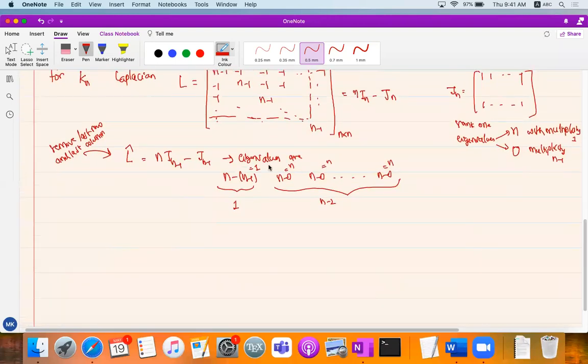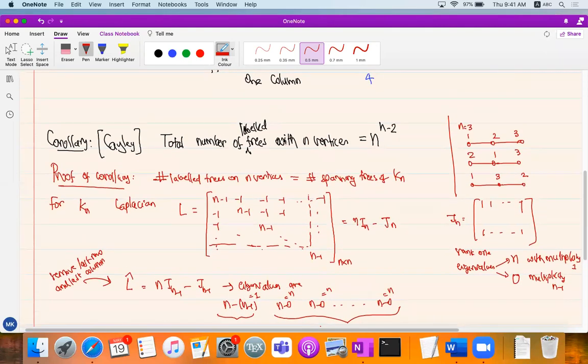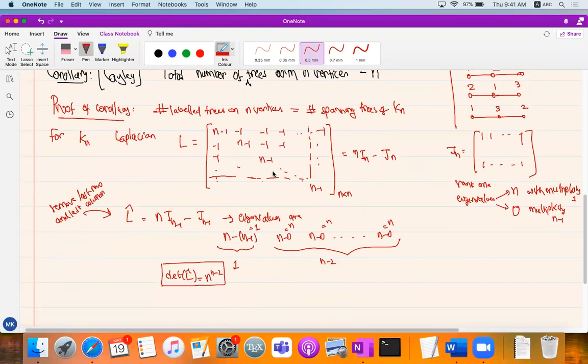So the determinant being the product of eigenvalues is n raised to the power of n minus 2. So that's exactly what Cayley is saying, that the total number of labeled trees is n to the power n minus 2.